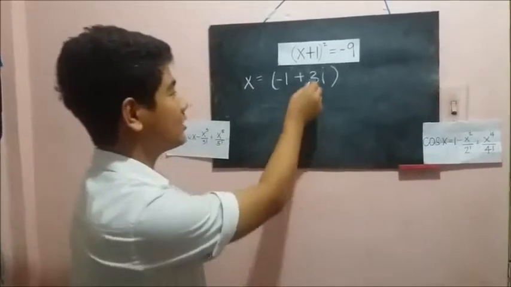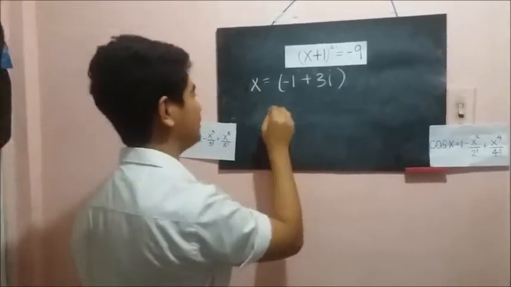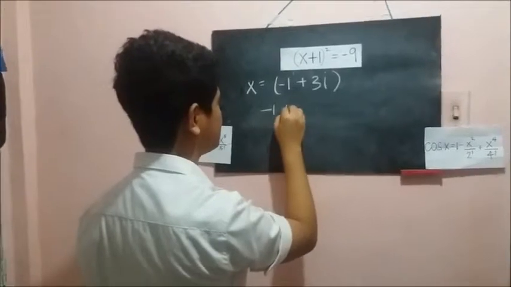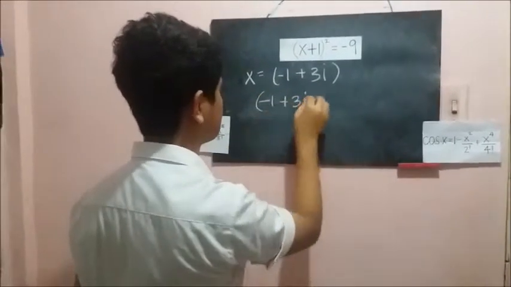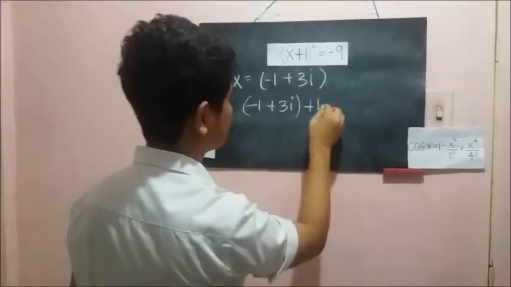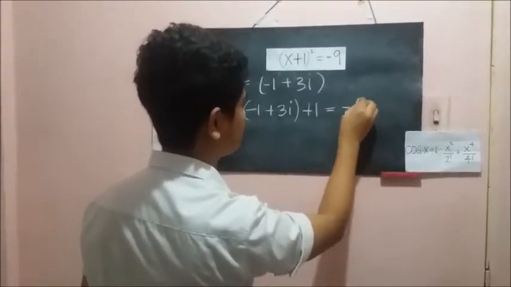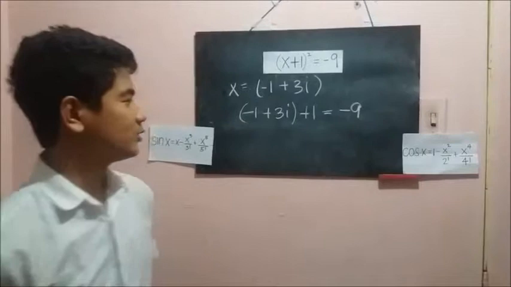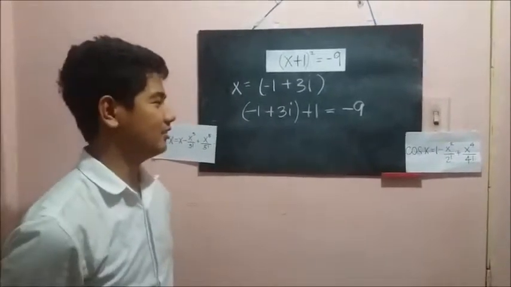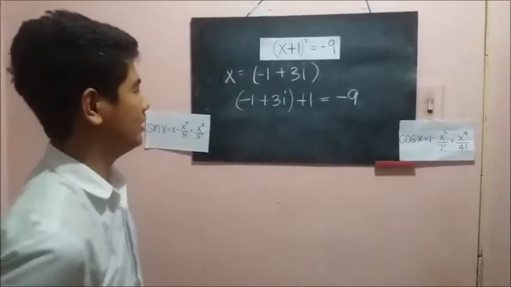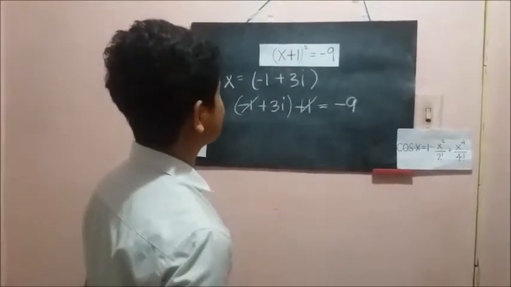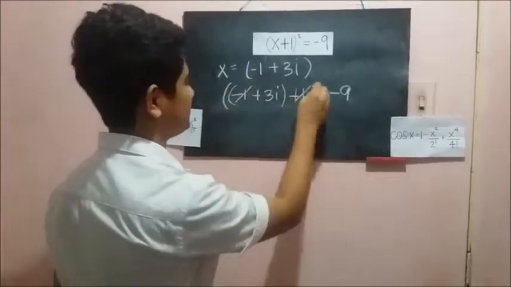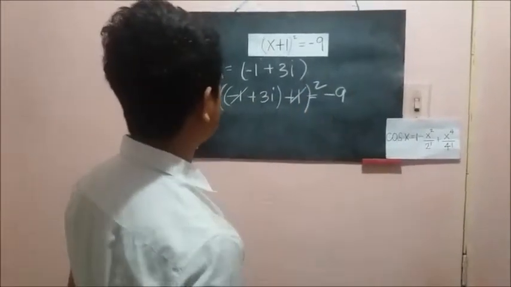And if we substitute this in our equation, negative 1 plus 3i, so we can now cancel the negative 1 and 1. This is squared, by the way.